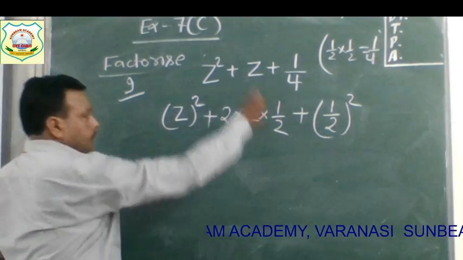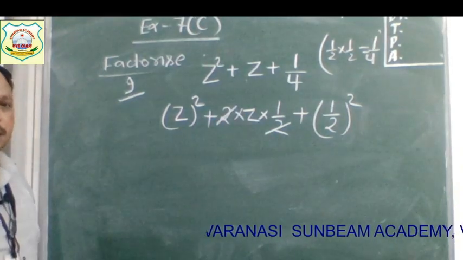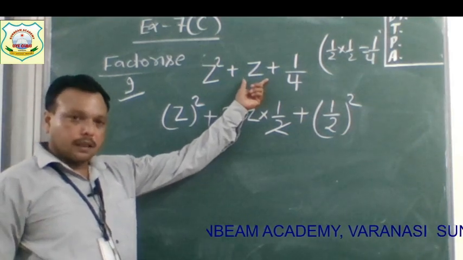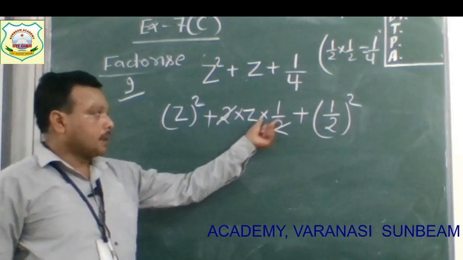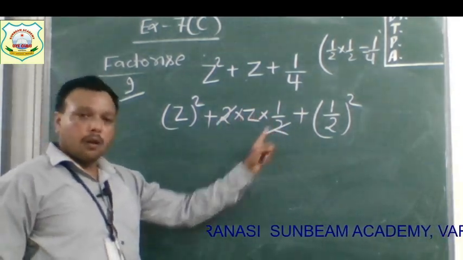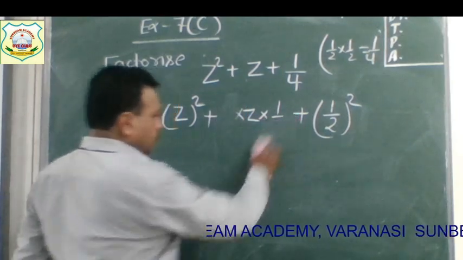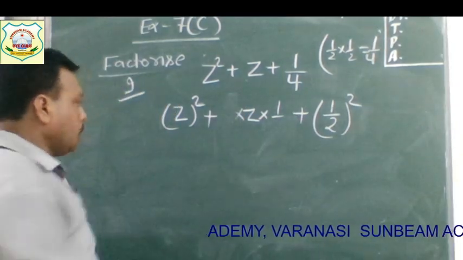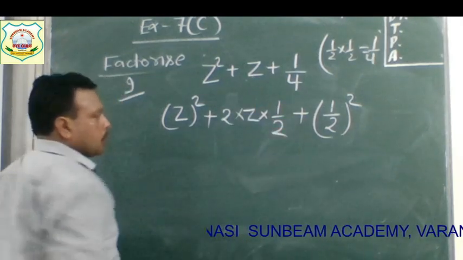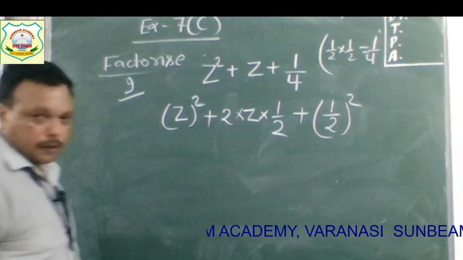Why is the z given? Because when the 2 is cancelled, only z comes. So, that's why z is written here. So, 2 multiply z multiply 1 upon 2. We have this format 2 into z into half, which means this is the 2ab format. We will not cancel here, I am only showing how we get the z, okay. So, 2 into z into half, that is z, and z square and 1 upon 2 whole square, clear.